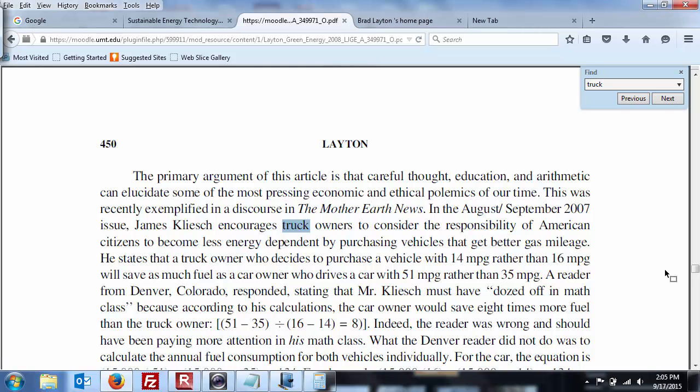In the August-September 2007 issue, James Click encourages truck owners to consider the responsibility of American citizens to become less energy dependent by purchasing vehicles that get better gas mileage. There's a big discussion about energy security, and now we're very proud of the fact that we're a net exporter, and we talked about that a little bit.